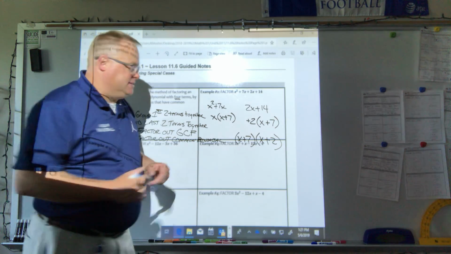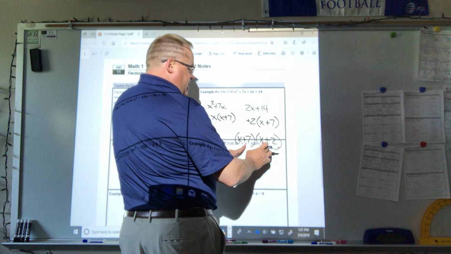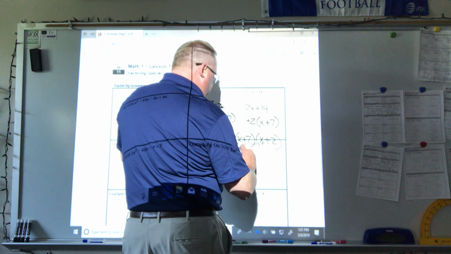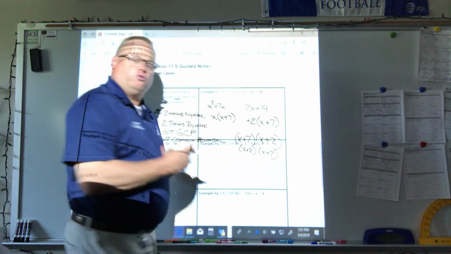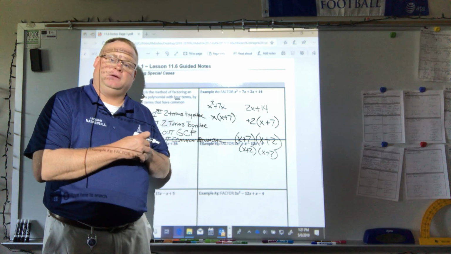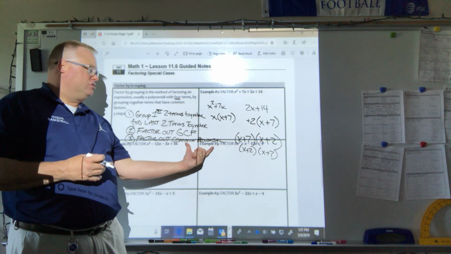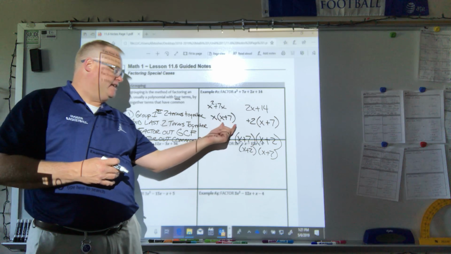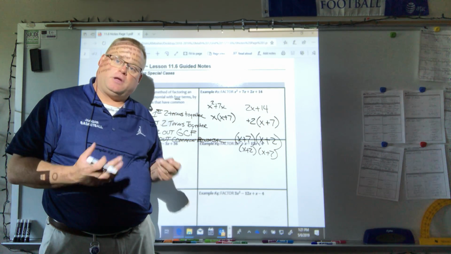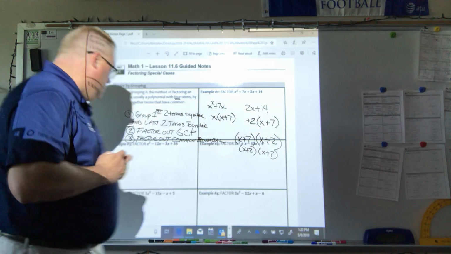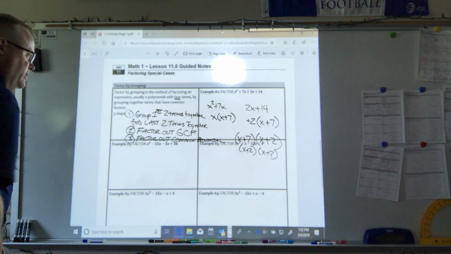It really doesn't. It could be x plus 7 times x plus 2, or it could be x plus 2 times x plus 7. The order really doesn't matter, okay? The way we're just going to try to do it and keep it simple is the x plus 7 is the common binomial, so it would go first. All right? We got 4 more examples, I think, and then we go from there.